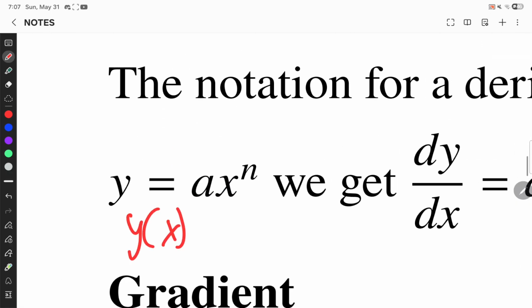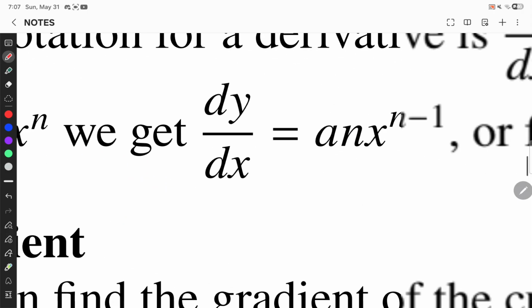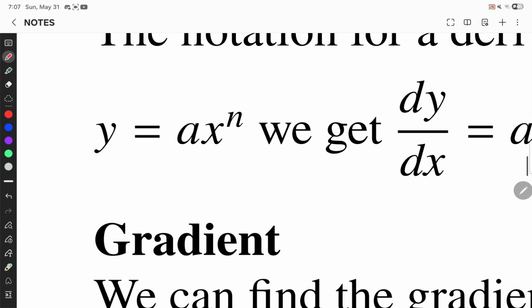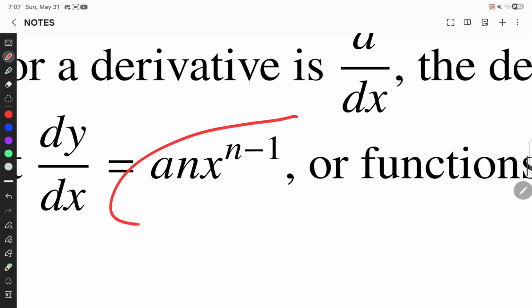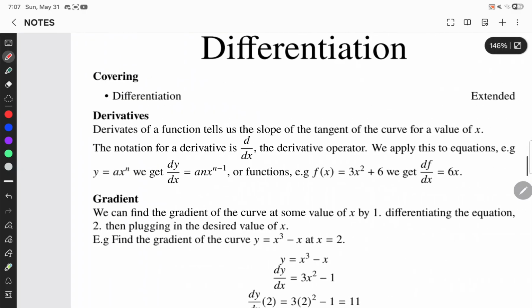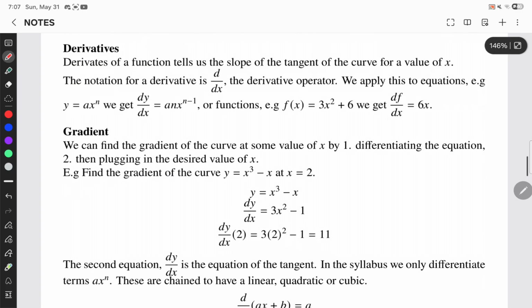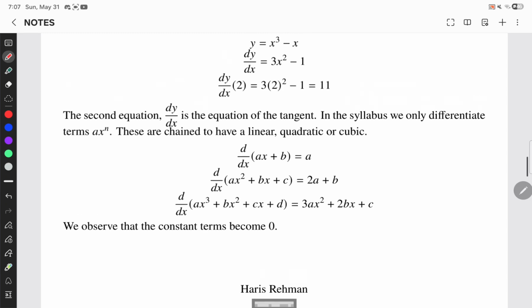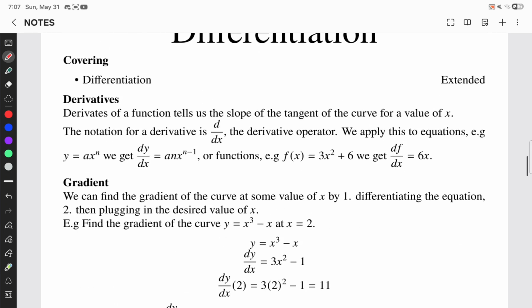This is technically y of x, and this is equal to this. Now differentiating an equation of the form ax to the n, we get this form. And I will explain what I am even doing.